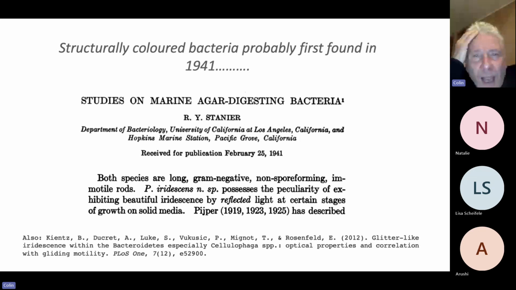And of course, we're not the first people to have seen this. If you go back to 1941, unfortunately the strains have been lost, but one of the really classic microbiologists, Stanier, described something that was almost certainly structurally colored.